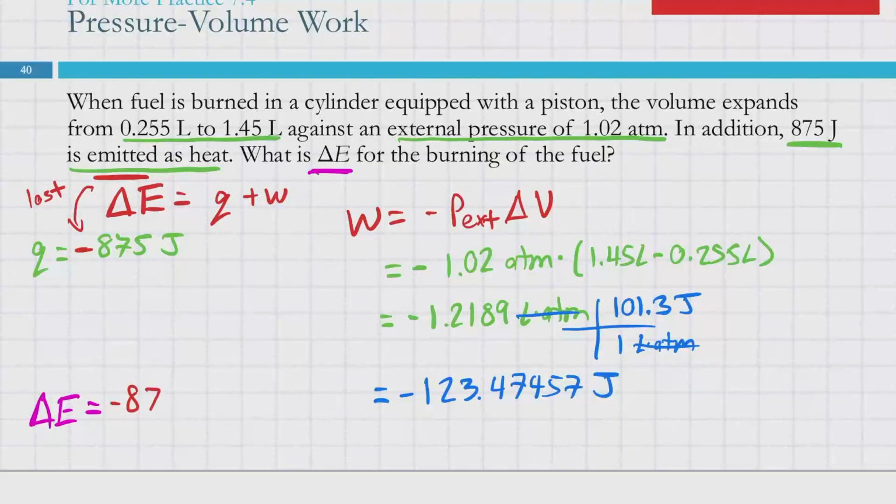So negative 875 joules plus negative 123 joules.